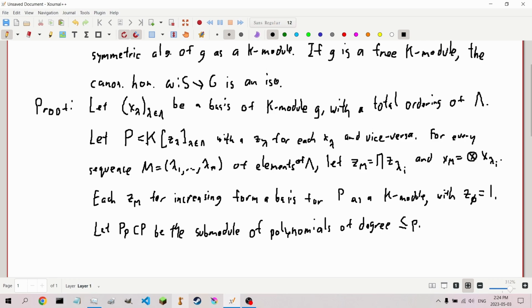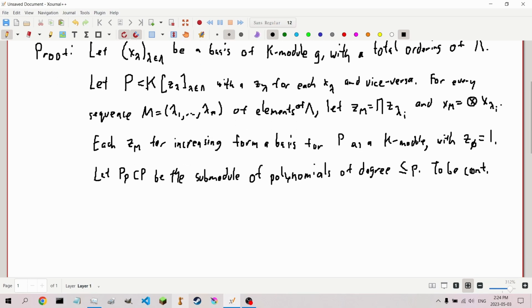So we need some limits. And we write that lambda is less than or equal to a sequence m if lambda is less than or equal to mu for all mu in the sequence m.